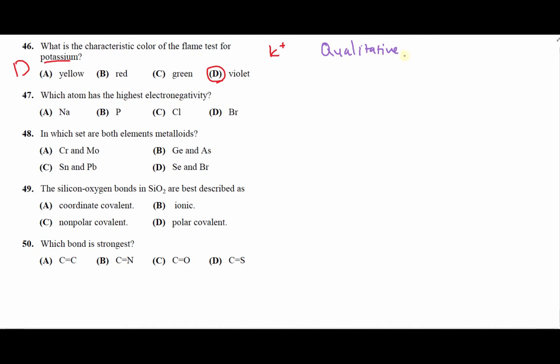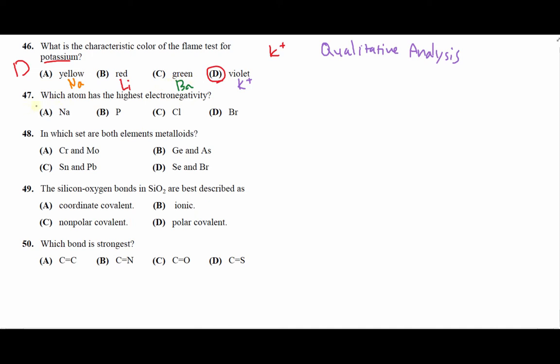When you perform the flame test for sodium, you're going to get yellow. So this is for sodium. And the red color is observed when you have lithium. And then green is observed when you have barium or boron. So this is something you just have to memorize. Okay, so it's a qualitative analysis if you want to review further.